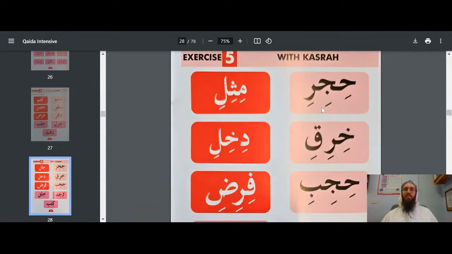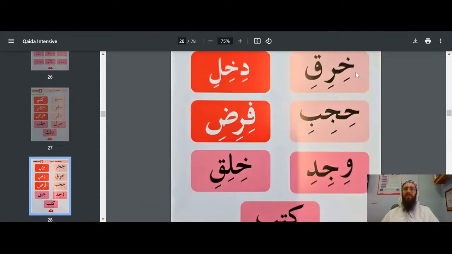Here, haraja, mithili, right? Whether it's i or e, it's similar. We don't have in the Arabic language as many vowels as you might have. Even the German language has extra vowels more than English with the umlaut. But in the English language, there's a certain number. In the Arabic language, it's actually less. So there's a little bit of flexibility, right? Recognize the letters, pronounce it with the vowel.